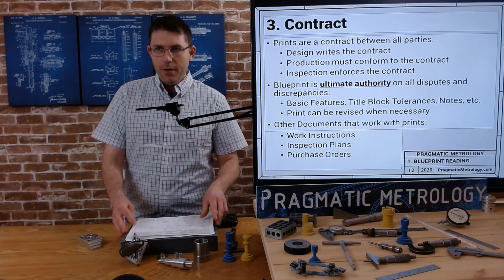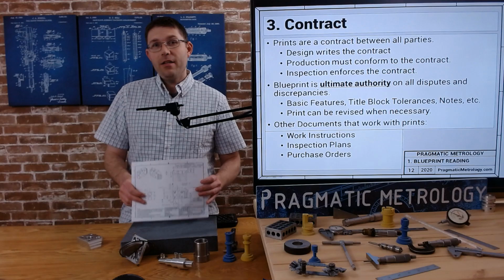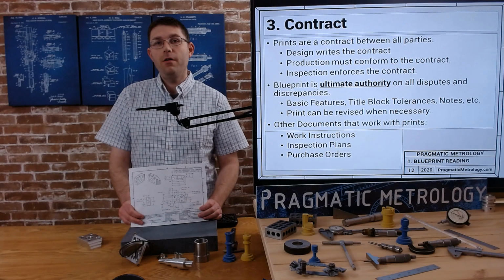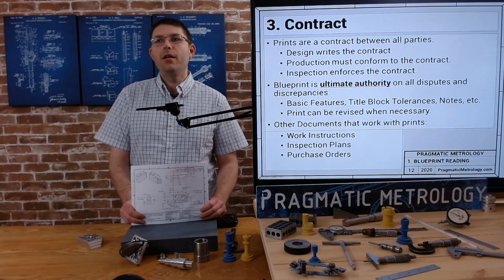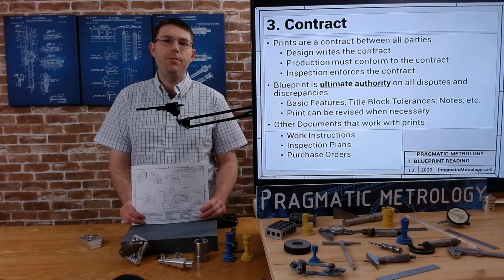So this is a contract. Everybody who is involved must adhere to it. And the blueprint is the ultimate authority. I bold and underline that one. It's the ultimate authority on all disputes and discrepancies.